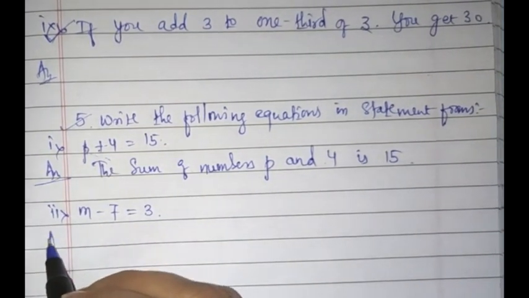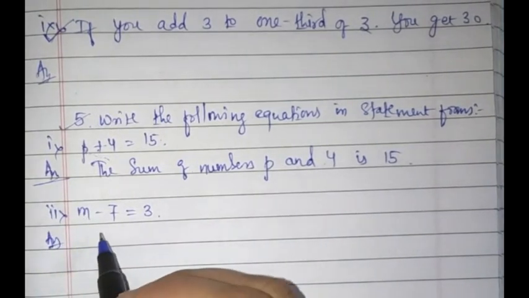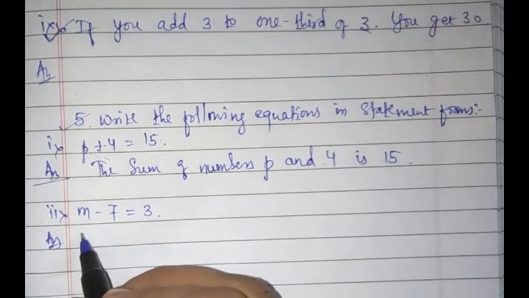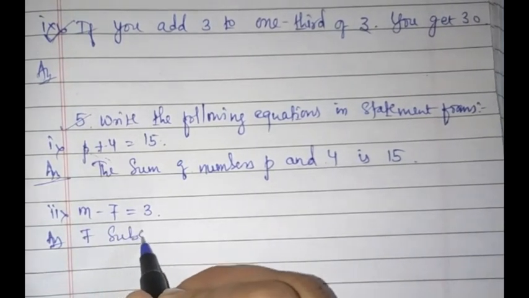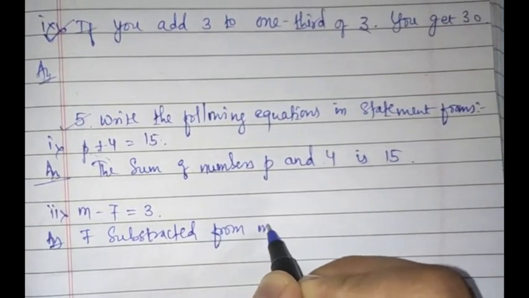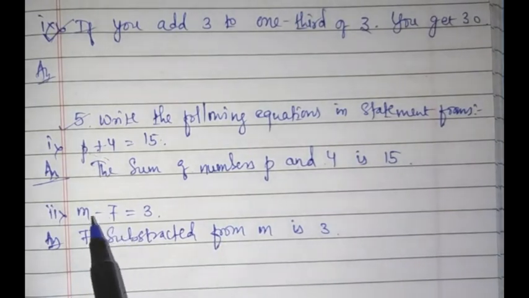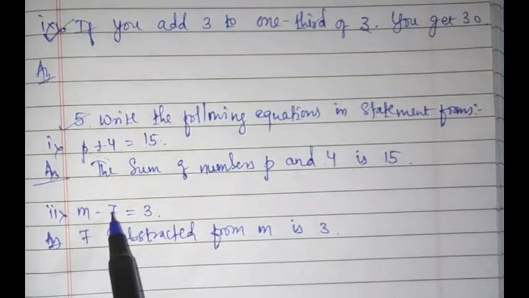Proceeding forward, m minus 7 is equal to 3. So what you can write is 7 subtracted from m is 3. But many of the students write m subtracted from 7.